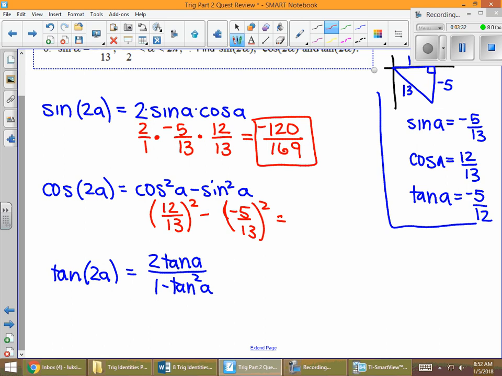If you're going to do this by hand, don't do negative times a negative as positive here, because when we square negative 5, the negative gets squared as well. So this is 144 over 169 minus positive 25 over 169. And that gives you 119 over 169.